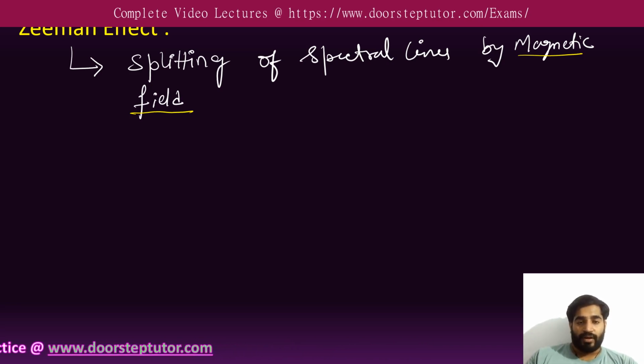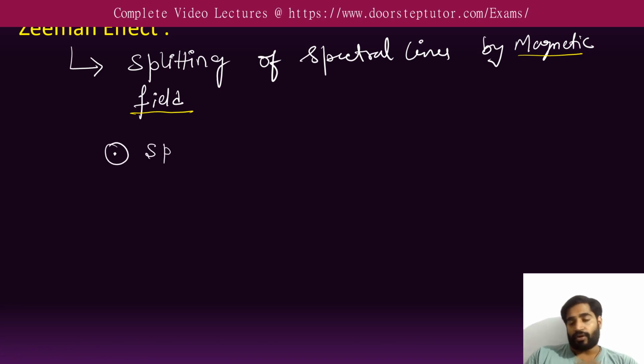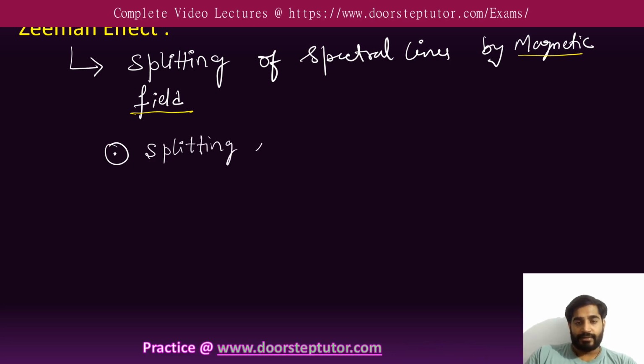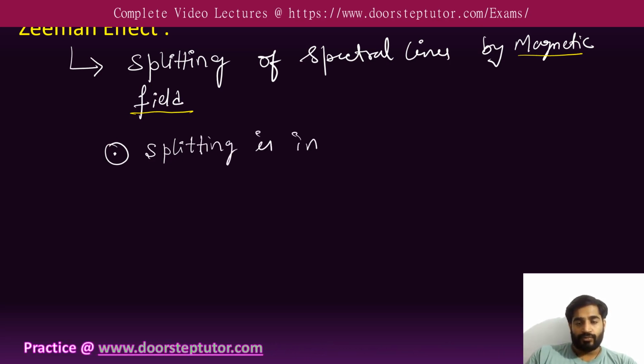So what important thing you must remember, I'm talking about the Zeeman effect, is that the splitting is into polarized components.